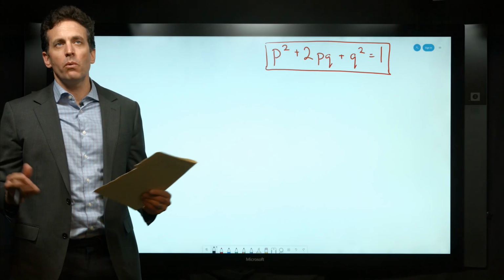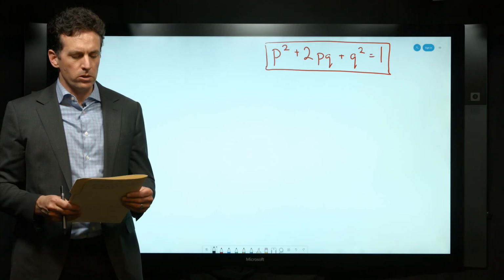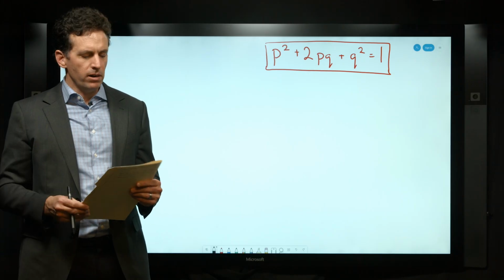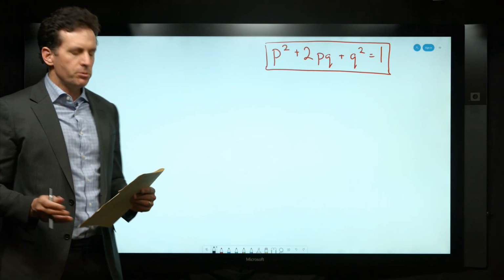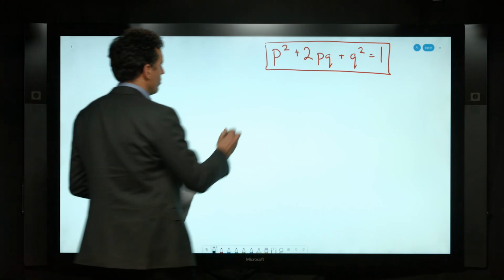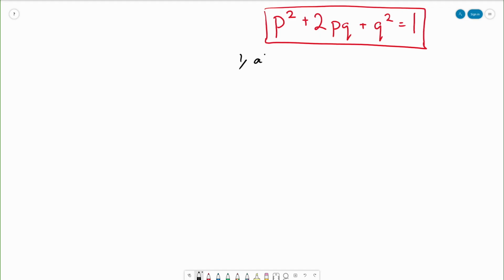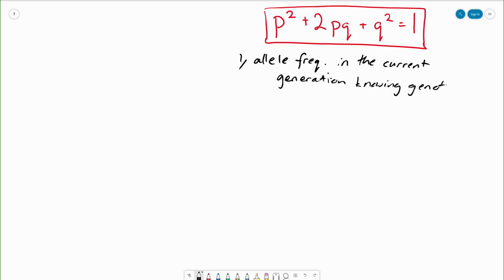Let's see how we can use the Hardy-Weinberg law. Firstly, what I want to reiterate here is that this allows us to do two things. One, we can calculate the allele frequencies in the current generation, knowing the genotype frequencies. We saw that in our initial example.